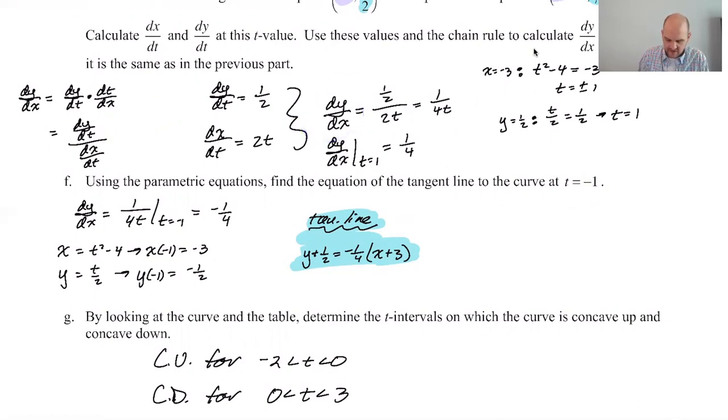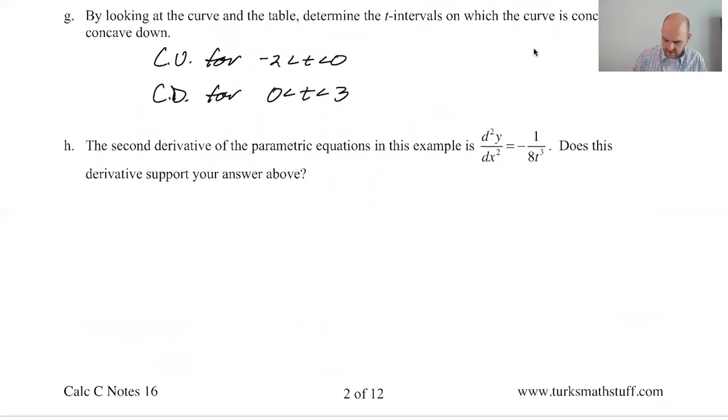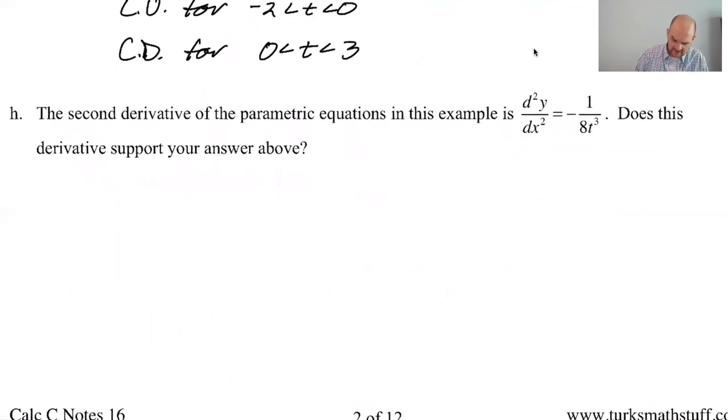So I need to find the derivative of this with respect to t, and then I need to compensate and multiply by dt/dx or divide by dx/dt. We don't need to do it yet, but just know that taking the derivative of this does not give you the second derivative. So keep that in mind. The second derivative is a little more complicated, so we're going to have to work that out. And we will.